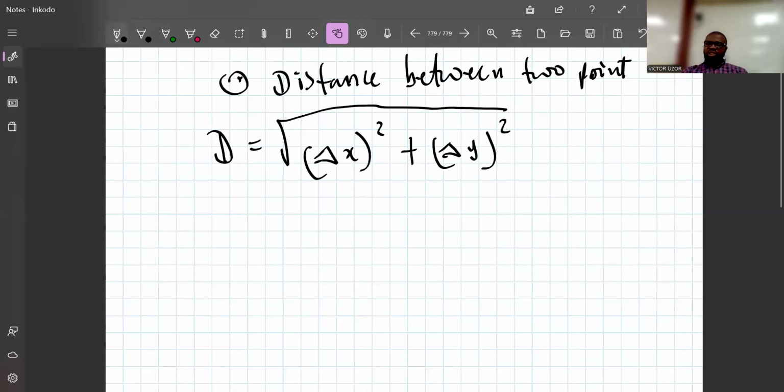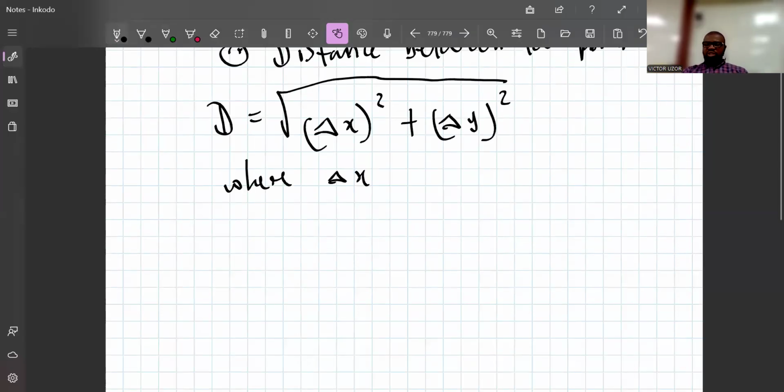Change in x is equal to x2 minus x1, and change in y is y2 minus y1.